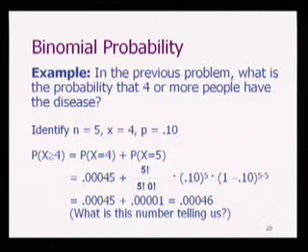So you go out and take a random sample. You observe 5 people and you come back and find out 4 of them have the disease. Well, if it's 10%, if you take 5, about half a person has the disease, right? Or if you take 10, about 1 person has the disease.